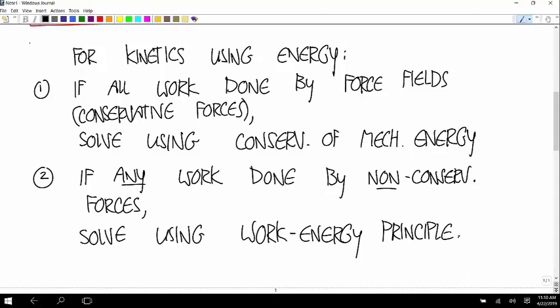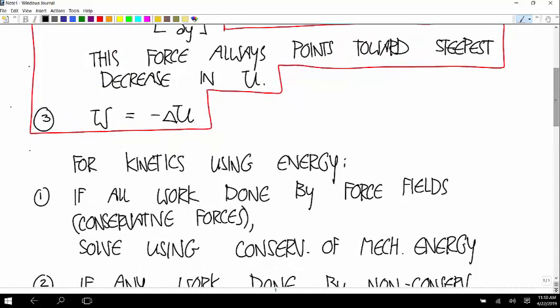And you can still use what you know about the potential energy for the force fields, the conservative forces. You can still put those in there because the work that they do is equal to the change in potential energy, or the negative change.